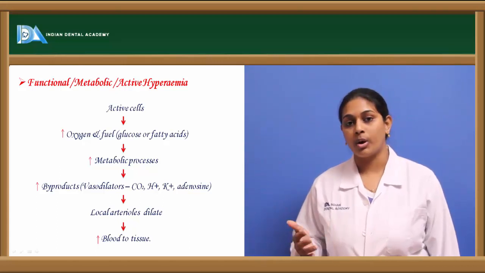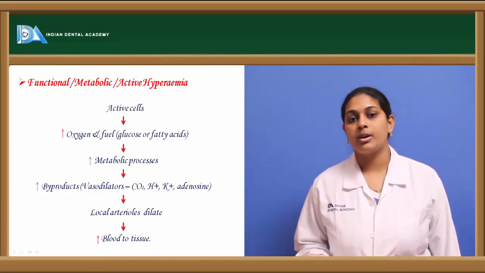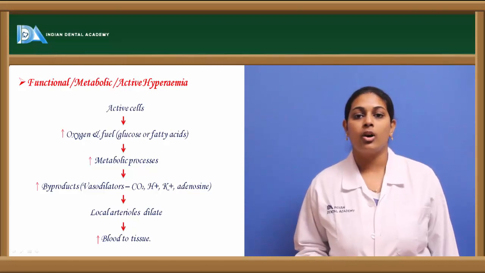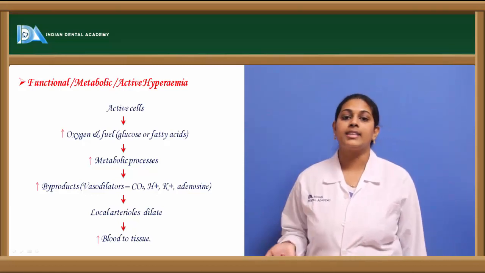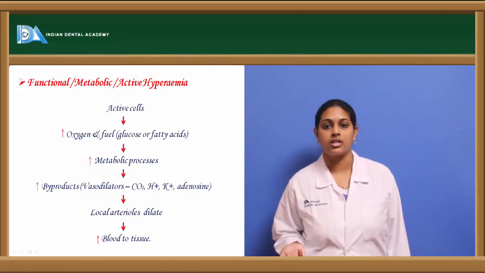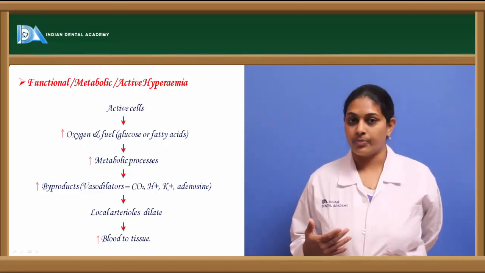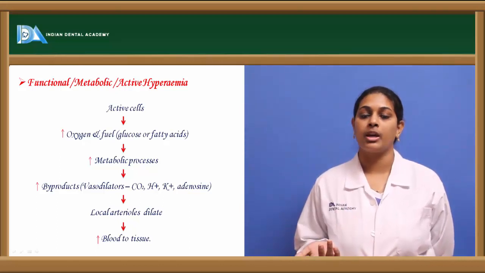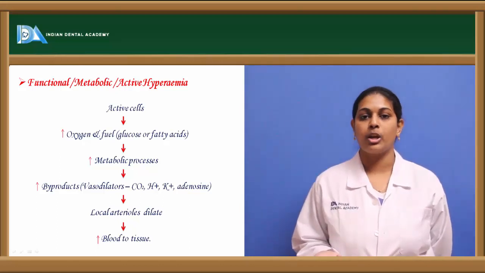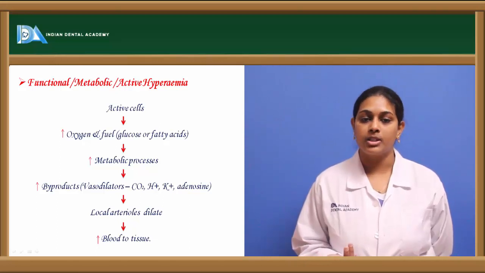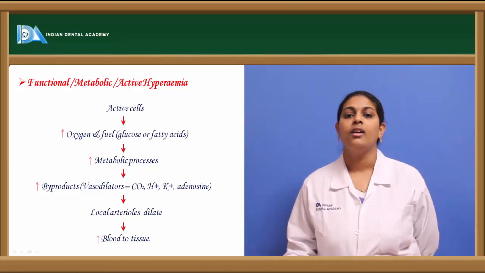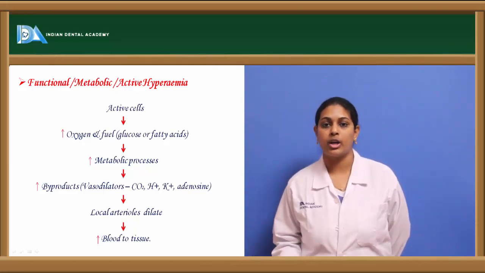And this overproduction of energy, which is required for catalyzing the reactions in the metabolic process, also exaggerates the action of the metabolic processes. That is, the metabolic processes function in a more rapid way, or increased metabolic products are being produced. So as metabolic processes are increased, there are certain unnecessary byproducts, that is the metabolites, which are also being released along with these metabolic processes.